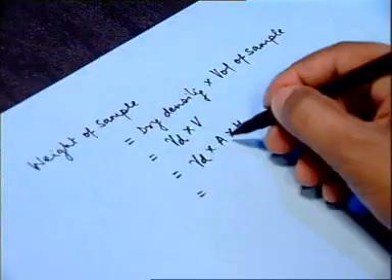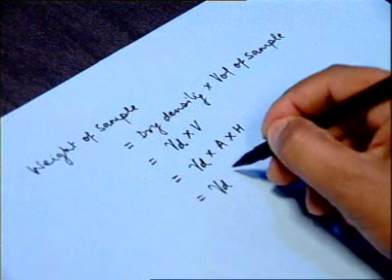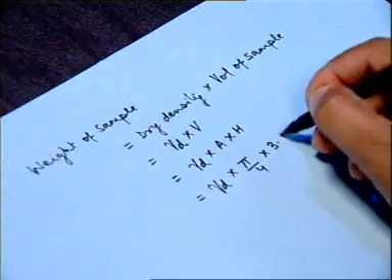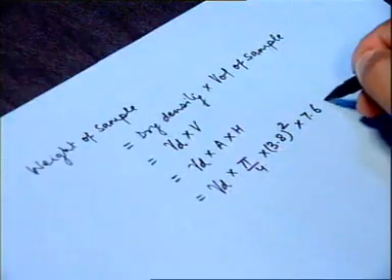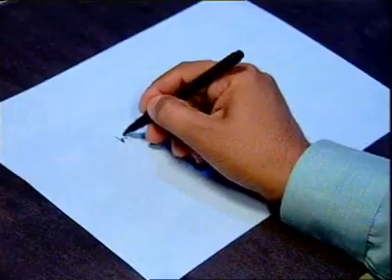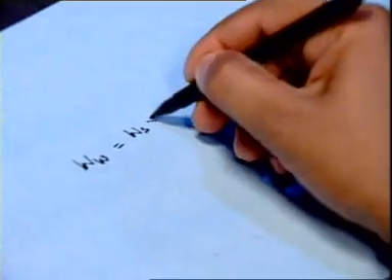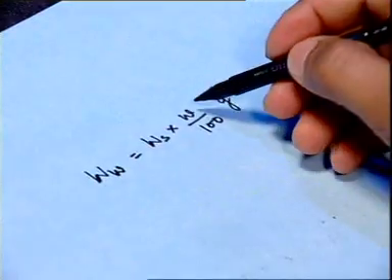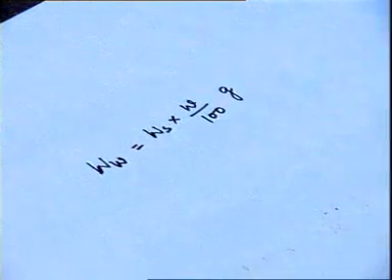By putting the value of area and height, weight of sample is equal to gamma d multiplied by pi by 4 multiplied by 3.8 whole square multiplied by 7.6 gram. Using the formula, weight of water is equal to dry weight of soil multiplied by W divided by 100 gram, where W is the water content. Add this quantity of water to the soil.